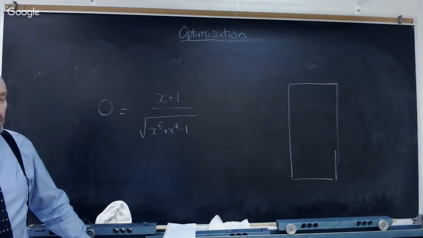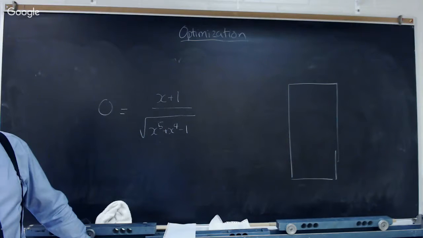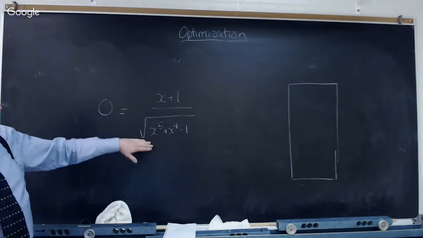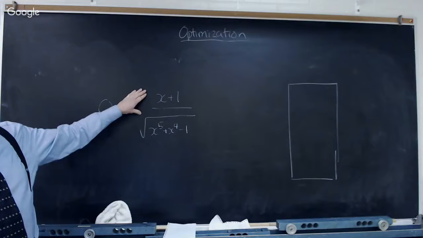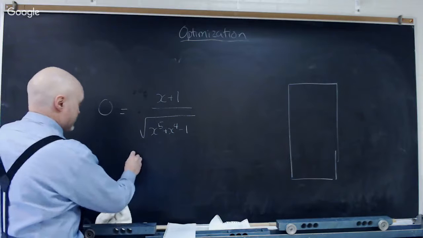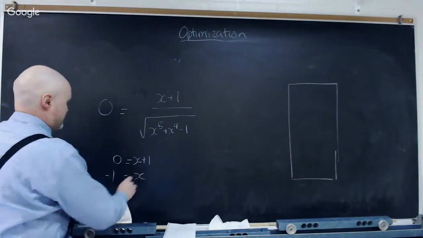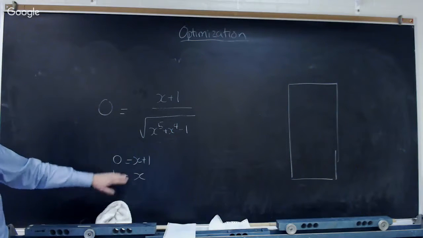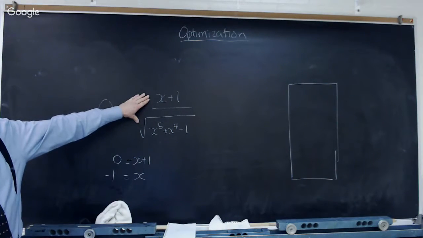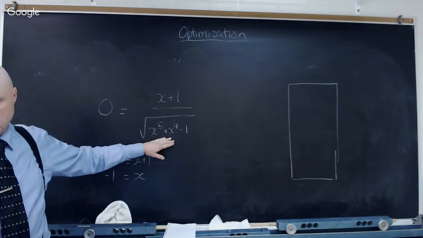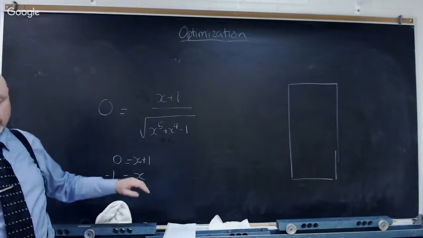So if I had a horrible looking expression like that and I wanted to know what value of x made it 0, if it's in the denominator, you only have to worry about the top. So when x plus 1 is 0, so when x is equal to -1, this expression will be equal to 0, as long as there's nothing weird happening, like the bottom being undefined at x equals -1.